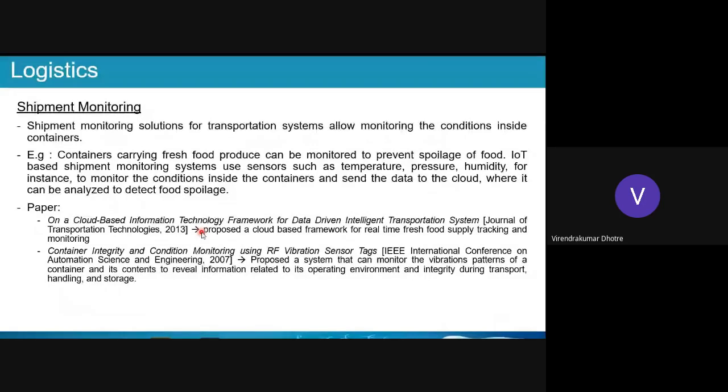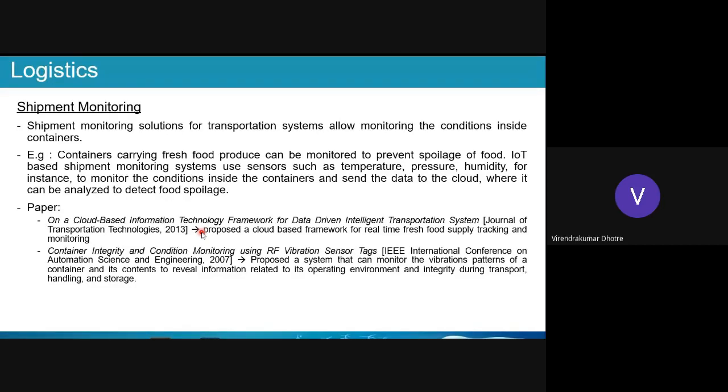It means inside your container, if we are sending fresh fish or fresh vegetables, to keep all those products fresh we need a conditioned environment, because some containers travel through rail or through sea and require much time, maybe days, maybe months. For that purpose we need to maintain such an environment, as I said, for fresh vegetables.